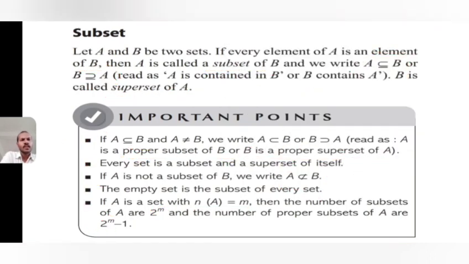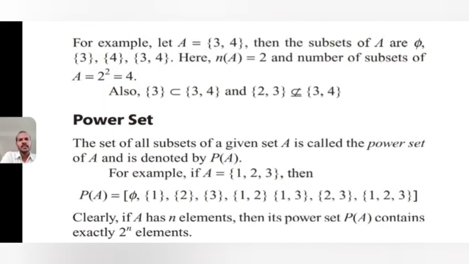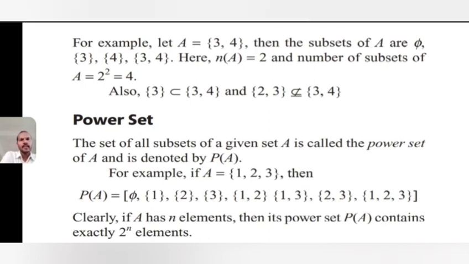Now we move to the next slide. That is nothing but an example of subsets. See here. For example, let A equal {3, 4}. Then the subsets of A are empty set, {3}, {4}, {3, 4}. Here n of A is 2.